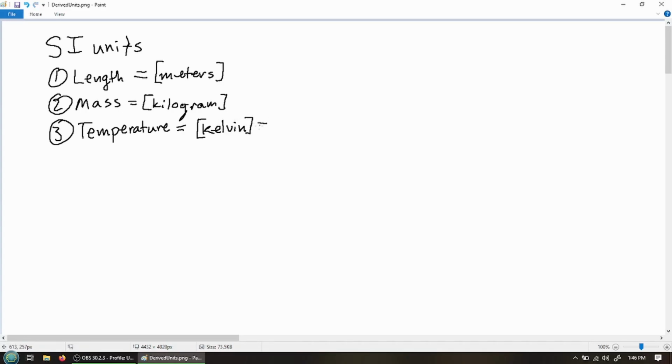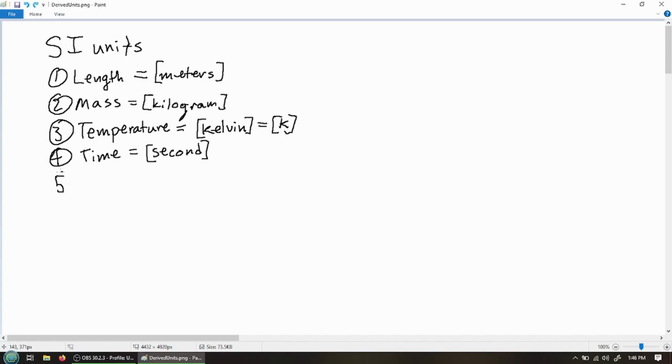Or the symbol for this can just be a capital K. Now, in addition to these three, the fourth one that would be relatively familiar for us is the unit for time. The base unit here is just the second, but we can also express this in hours, minutes, etc. So that's just the ones that we're probably going to be the most used to here.